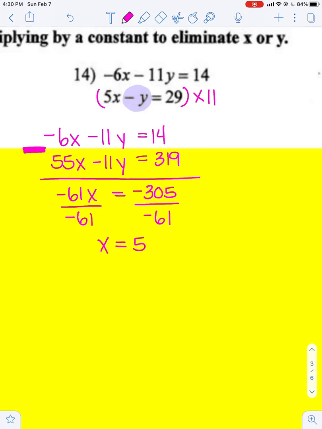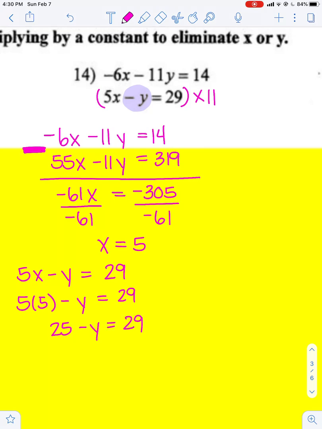So now I'm going to plug that in to 5x minus y is equal to 29. That's going to give me 5 times 5 minus y is equal to 29, and that will give me 25 minus y is equal to 29.